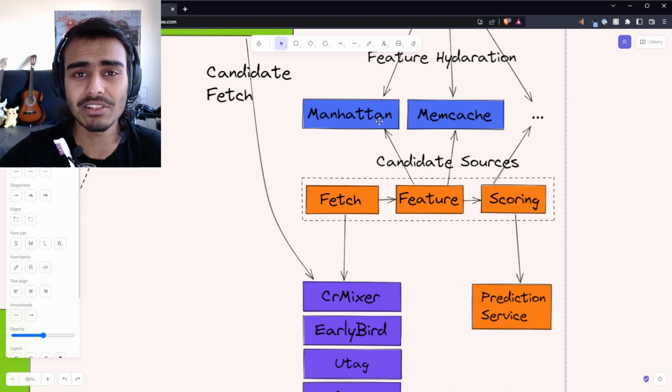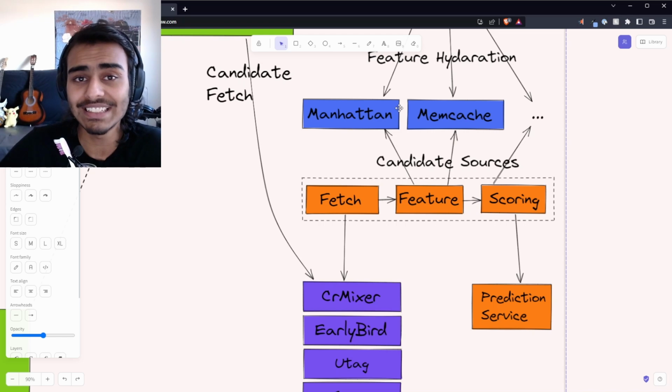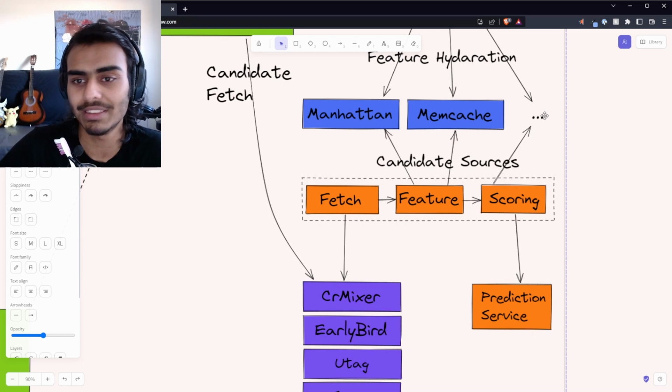They enter the distributed disks of Manhattan, turn every piece of magnetic material, and look for every byte. They go through the fast-paced, always moving highway of Memcache, constantly looking for anything that might be even slightly relevant. And they go through some of the darkest forests that Twitter has known, that we won't even know about. But when they come back, they have an army of candidates, thousands, if not hundreds of thousands of candidates that are ready to go to war.